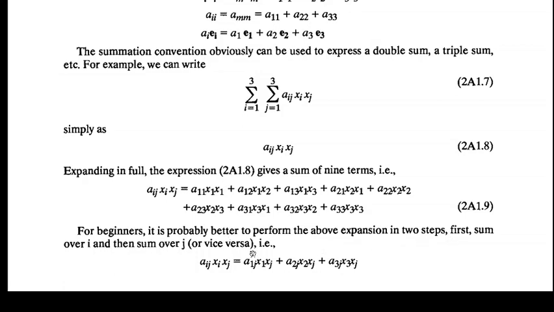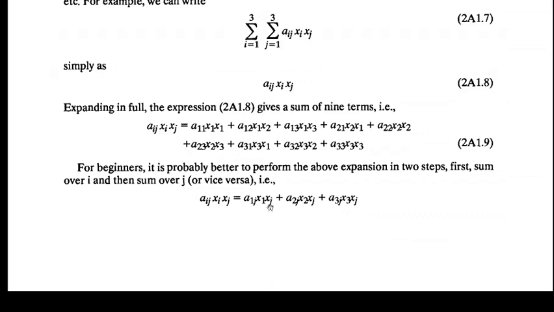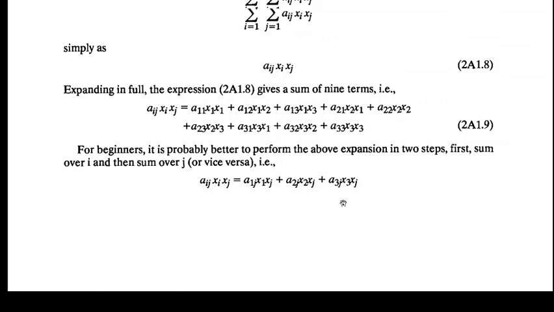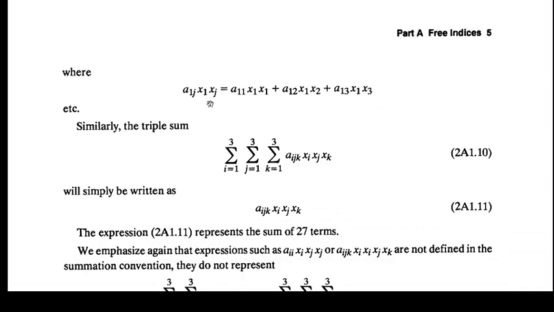Here they have opened the summation on i first: a1j x1 xj plus a2j x2 xj plus a3j x3 xj. Now again j is repeating one time in each term, so there is a summation on j in each.